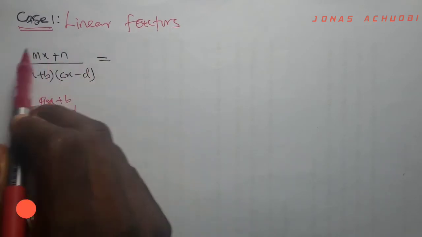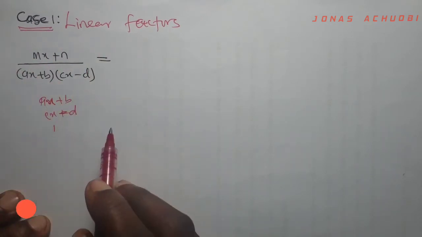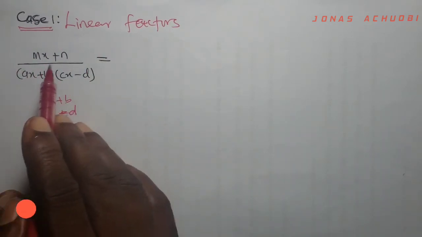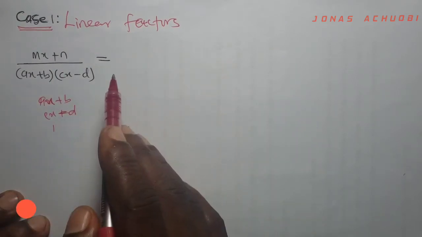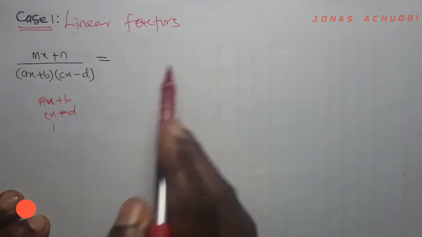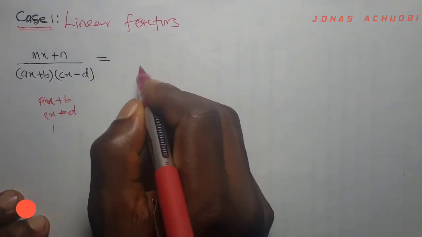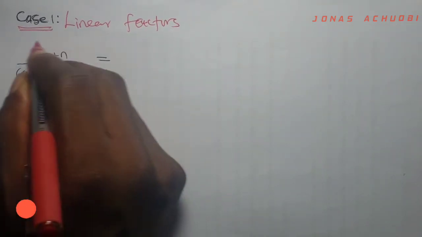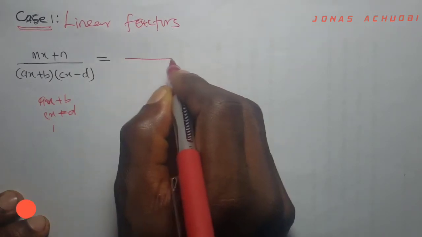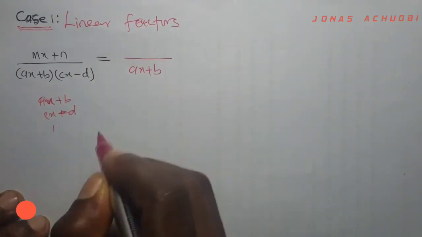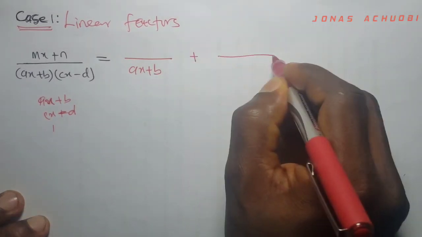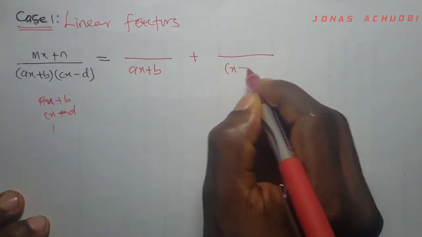So when we have such a situation, what do we do? Now we're going to suggest what the possible partial fraction should be, or what we call, we're going to decompose this into some fractions. This fraction will now be equal to, the first factor is ax plus b, plus the second factor there, cx plus d.